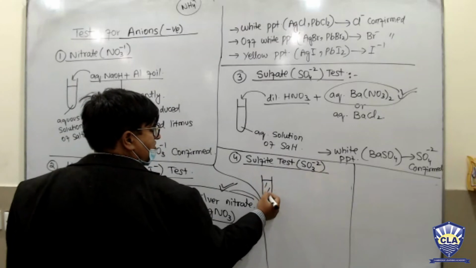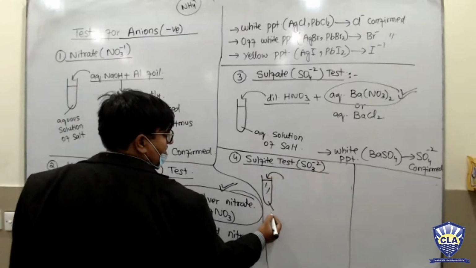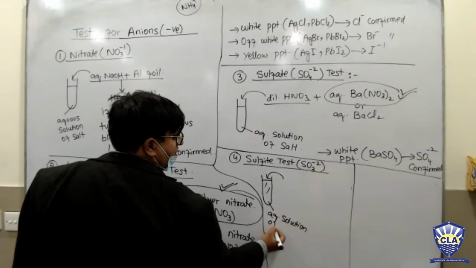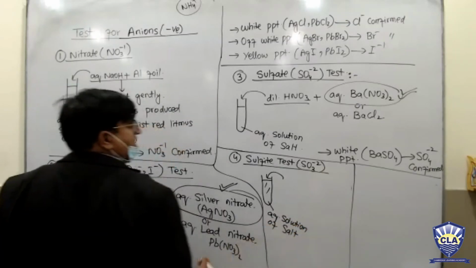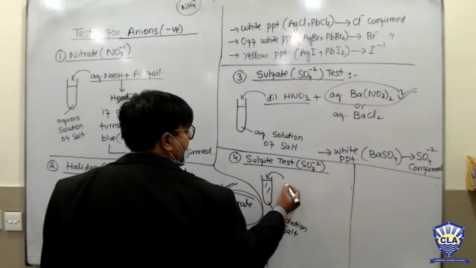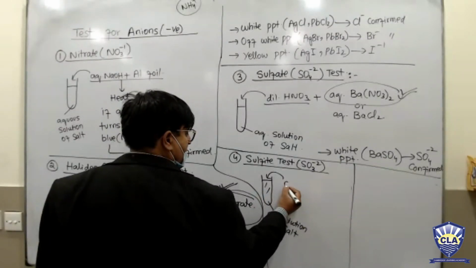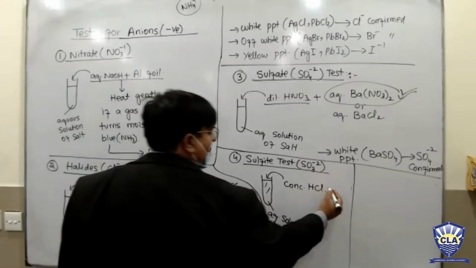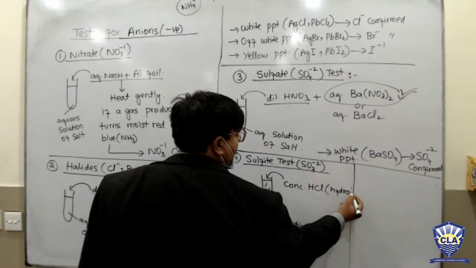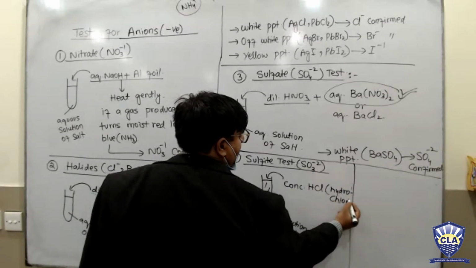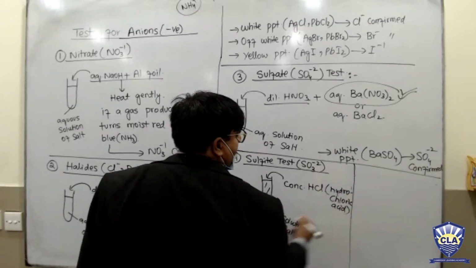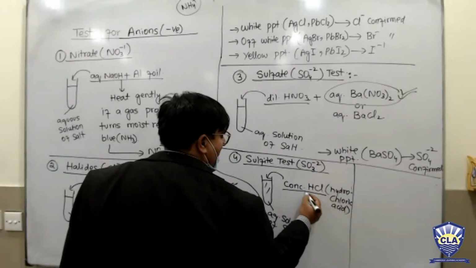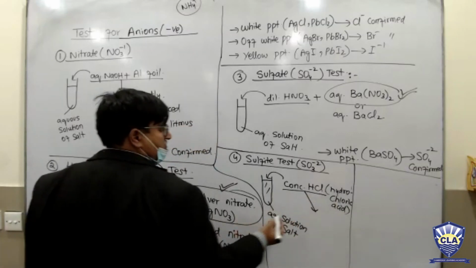So you should take a test tube which contains aqueous solution of salt, and then add concentrated HCl inside it, hydrochloric acid. HCl is called hydrochloric acid. If you add the hydrochloric acid, what would happen?